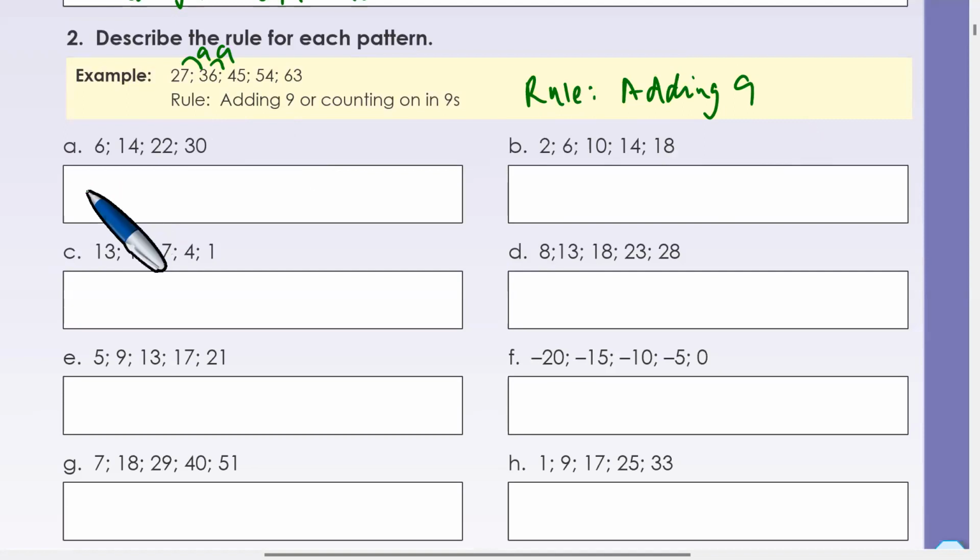What do you think the rule is in A? So adding 8. Please come again. 8. Yes, we are adding 8. So here we are actually adding 8.